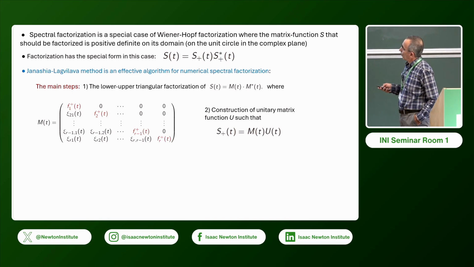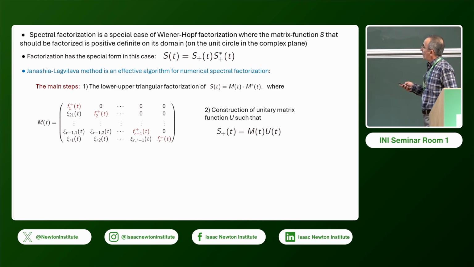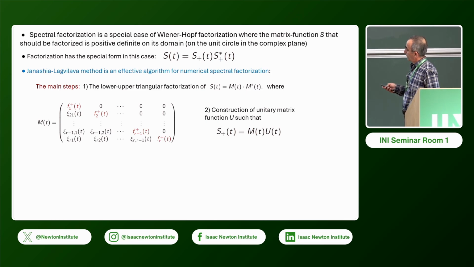Then we have off-diagonal terms, which are not analytic, and we construct an effectively unitary matrix which makes this triangular matrix analytic, and this is the spectral factor.